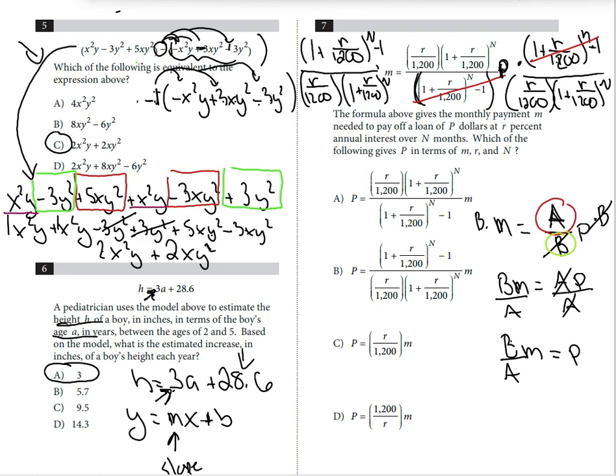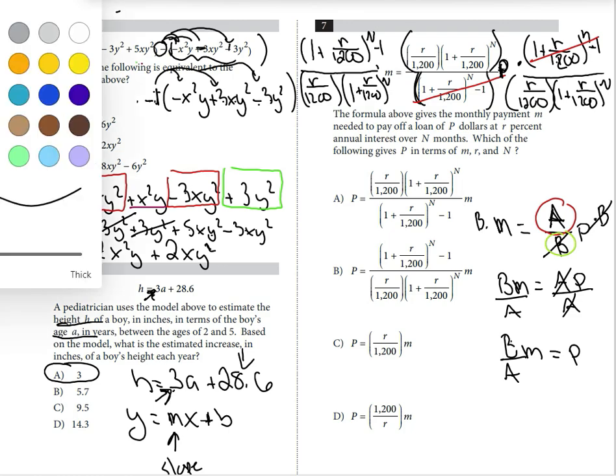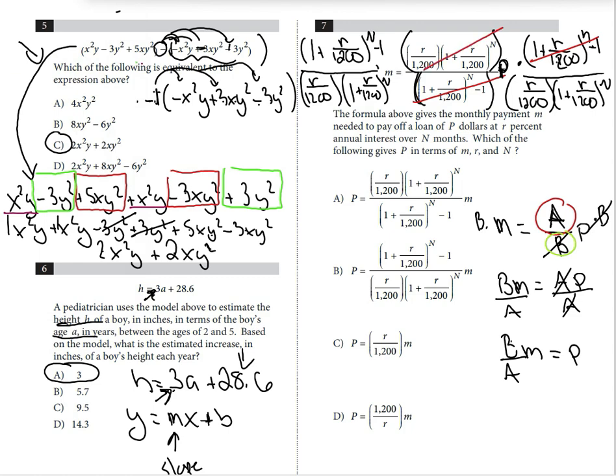All right, so I divided both sides by this numerator. Okay, and again, so now these values cancel out, and all we're left with is p on this right side, and we've got m on the left side times these two quantities.